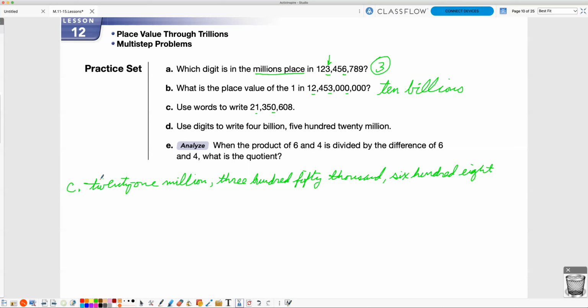So that would be the answer for using words to write 21,350,608.